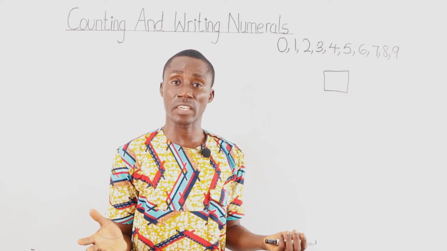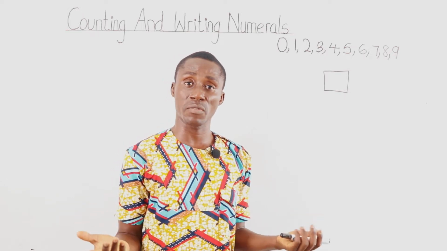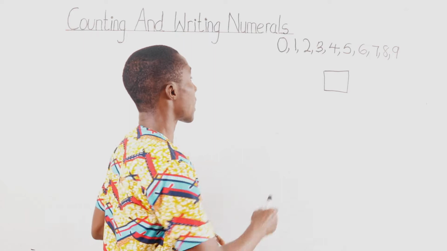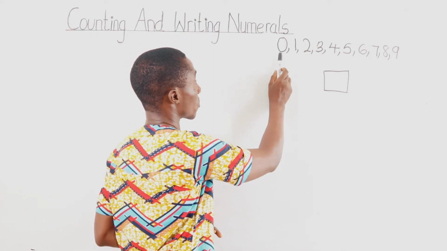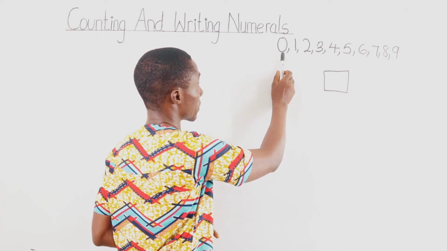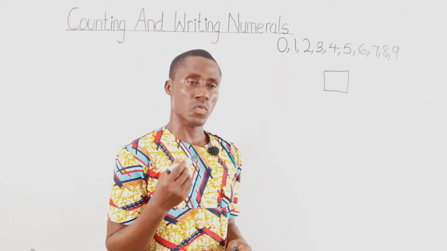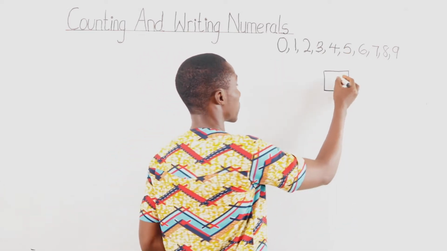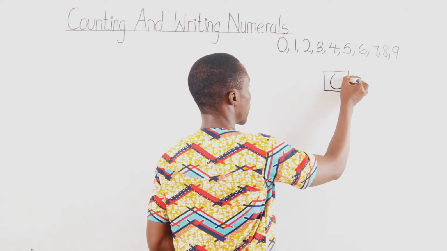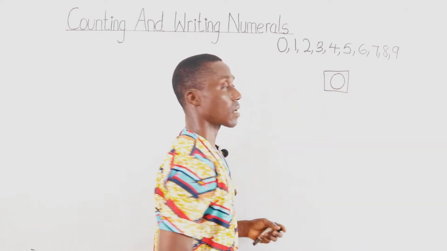That also means we have picked 0 oranges, and that will be represented by the digit 0. And so we are going to write our digit 0 into the number place.